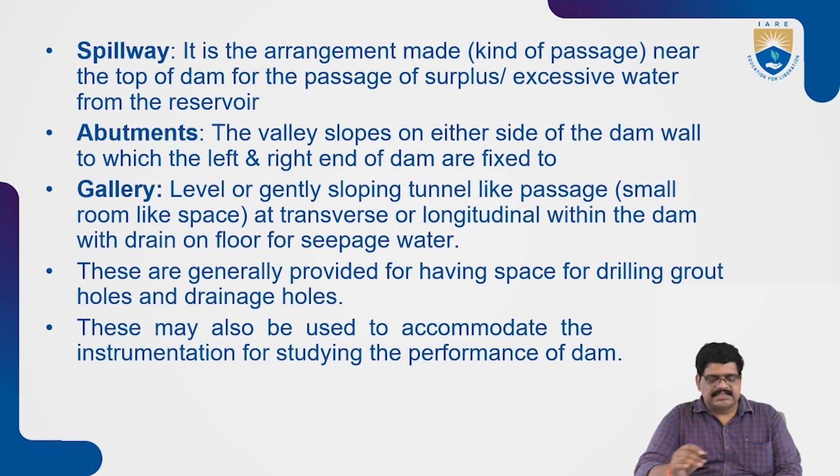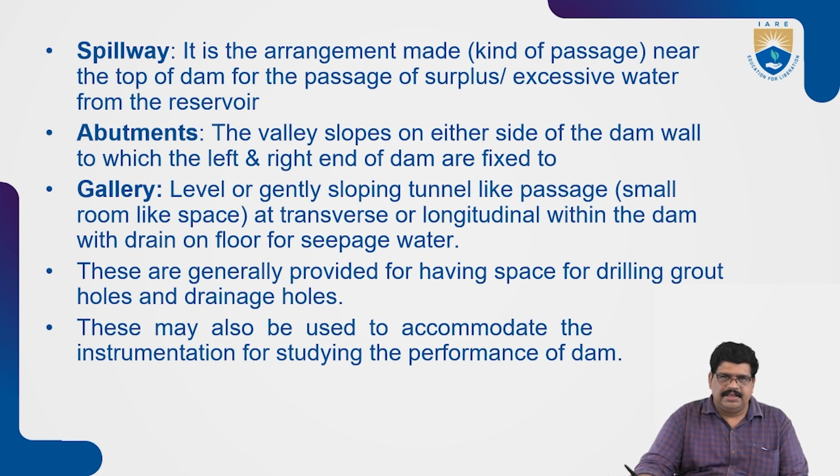Through the gallery, persons can go and inspect inside the dam to check for any leakages or damages, which can be identified and immediately rectified. That is the purpose of the galleries provided in the dam.